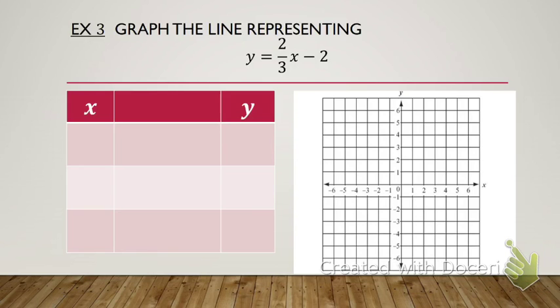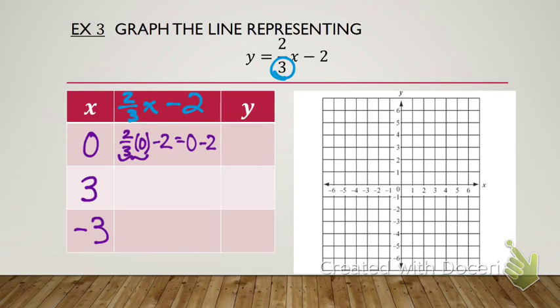With this one, if I want to get rid of the fractions, I'm going to need multiples of 3. So, trying out 0, 3, and I'm going to show you what a negative 3 would pop out. If I take 2/3 of 3 and then subtract 2, what's nice is we just get a 2 in the end.